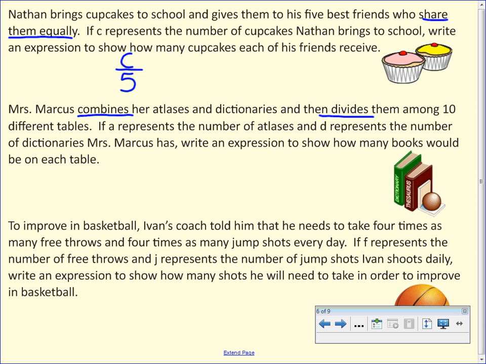Well, first I have my atlases and my dictionaries, so if I'm going to combine them, it would be A plus D. So now I know how many atlases and dictionaries I have. Then what do I do? Right, then I divide them by 10.